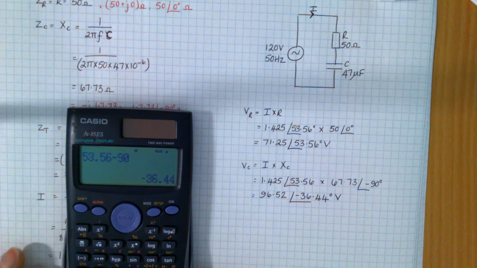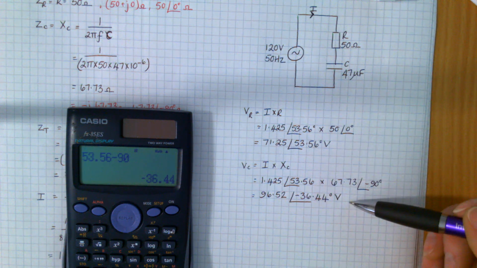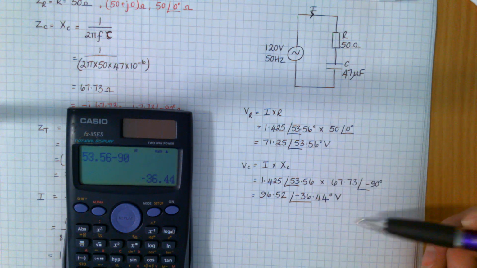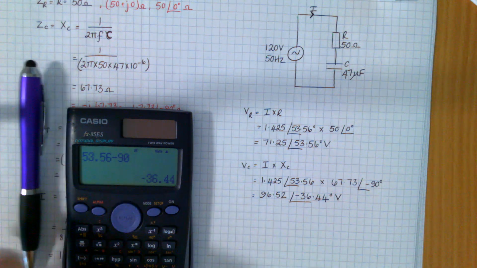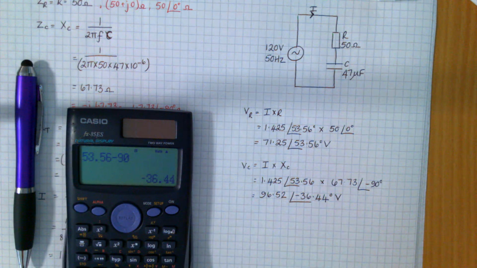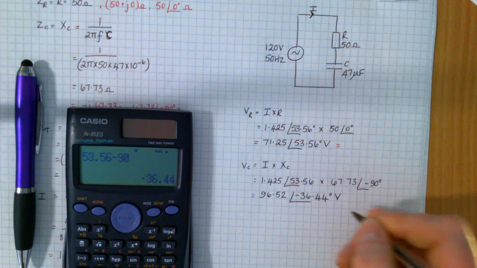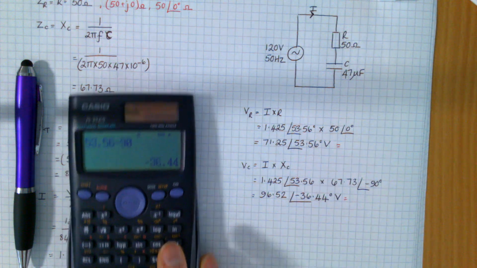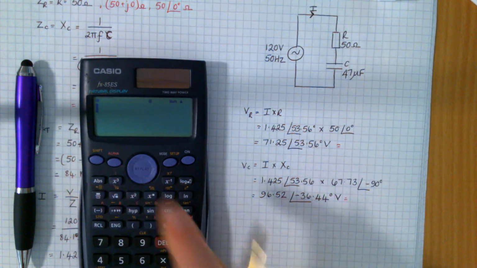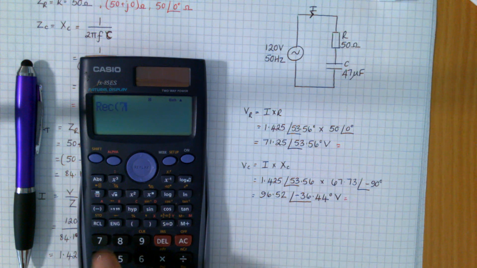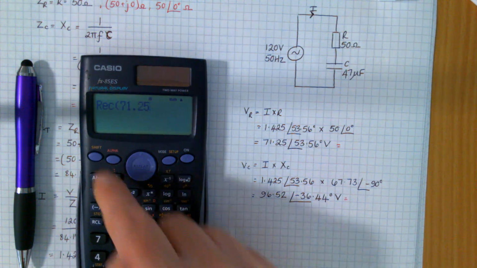And again, you'd have the choice of either converting these into rectangular form and adding them up, or drawing the phasor diagram. So I'll convert them into rectangular form first. I'll put that in red. Back into rectangular form for the two of these numbers.